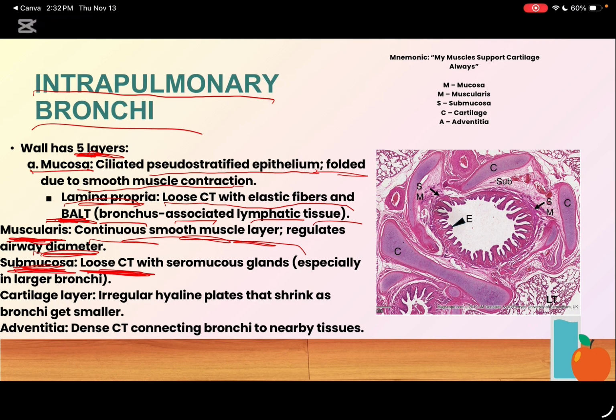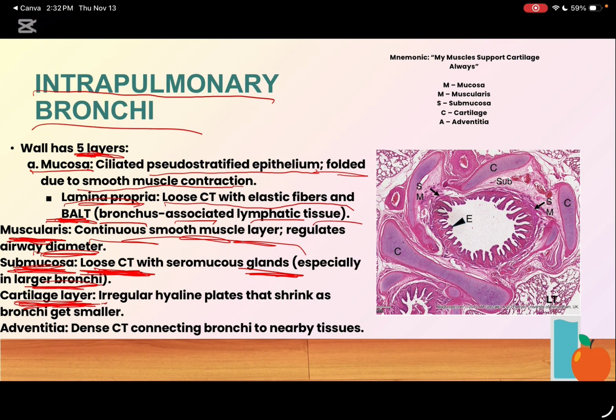Submucosa is a loose connective tissue with what? Glands, especially in larger bronchi. It might disappear in small bronchi. Also, we have a cartilage layer. What is this cartilage layer?